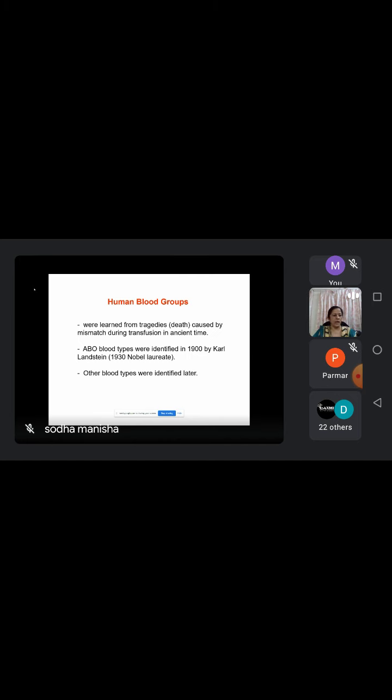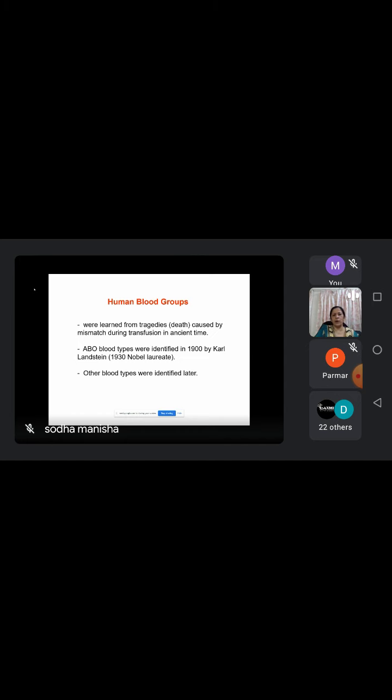This is known as blood transfusion. Okay. So at the time of blood transfusion, it is necessary to match the blood group of donor and recipient. Donor means the person who donates the blood.